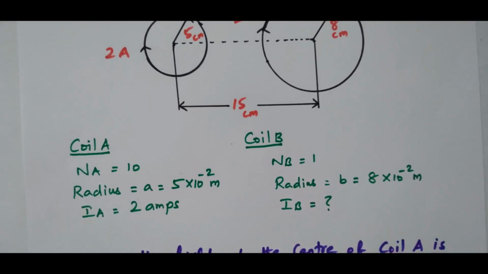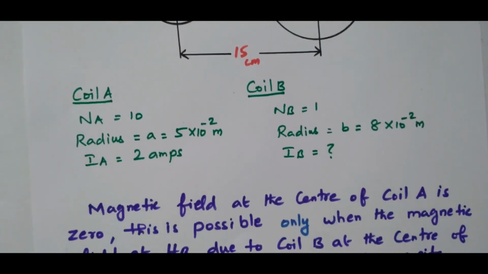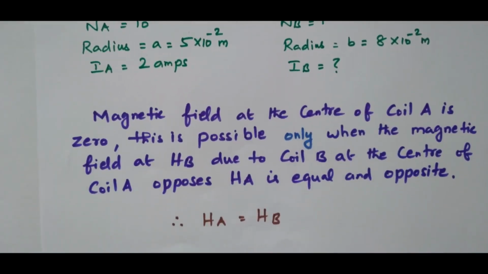the IB we need to find. So from the given condition, we can conclude that the magnetic field at the center of coil A is 0. It is possible only when the magnetic field intensity HB due to coil B at the center of coil A opposes HA, and they are equal and opposite, right?